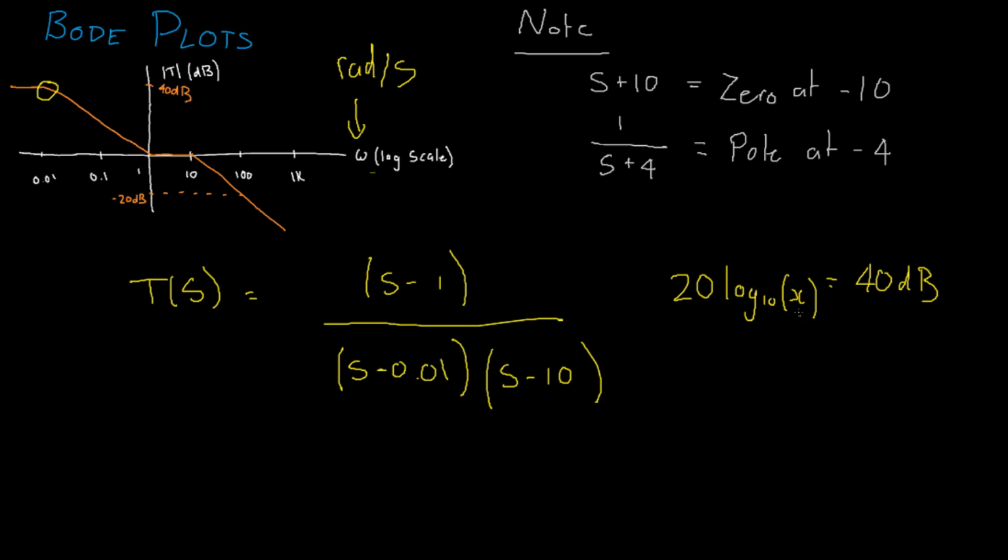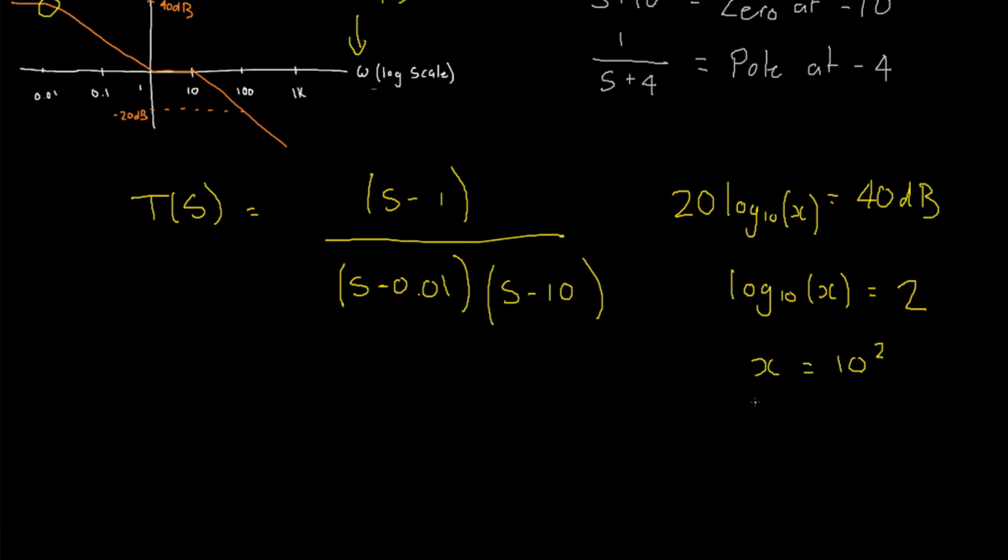So, from here, we can solve for x. We can divide through by 20, which gives log base 10 of x equals 40 divided by 20, which is 2. Then we can use an inverse log to give us x equals 10 to the power of 2, therefore x equals 100.